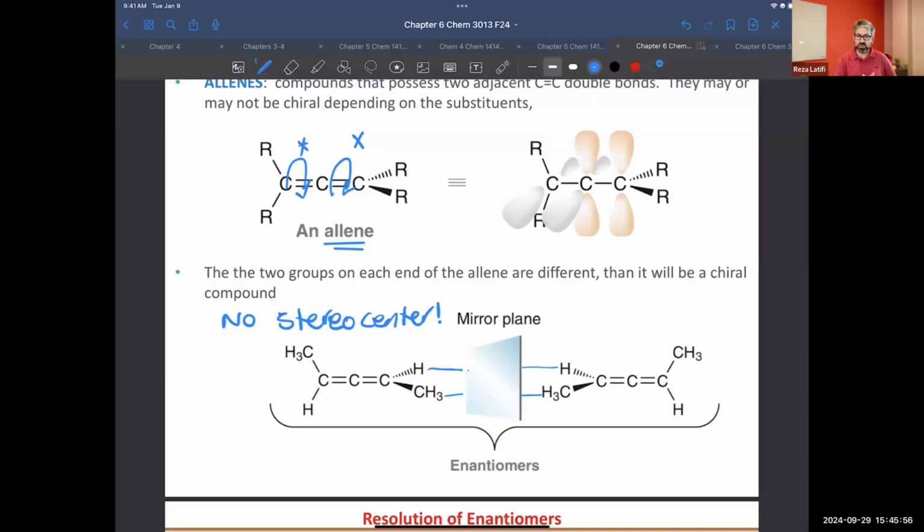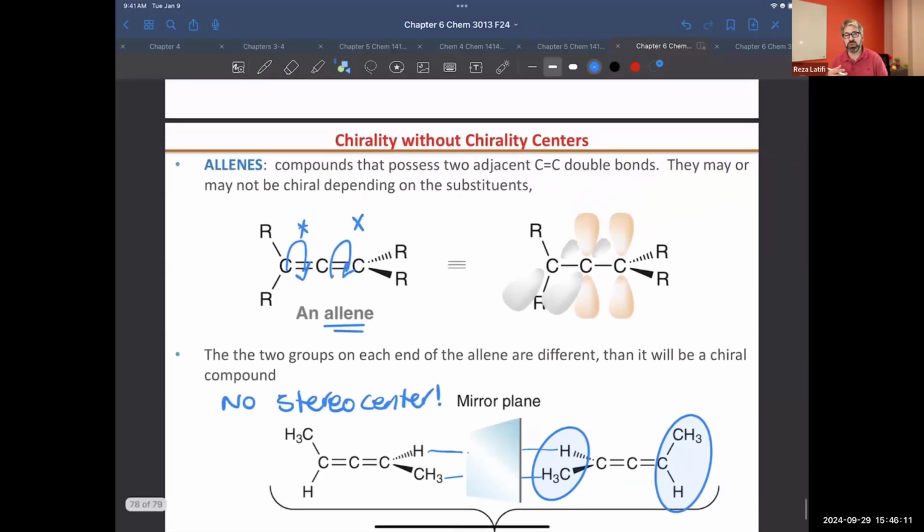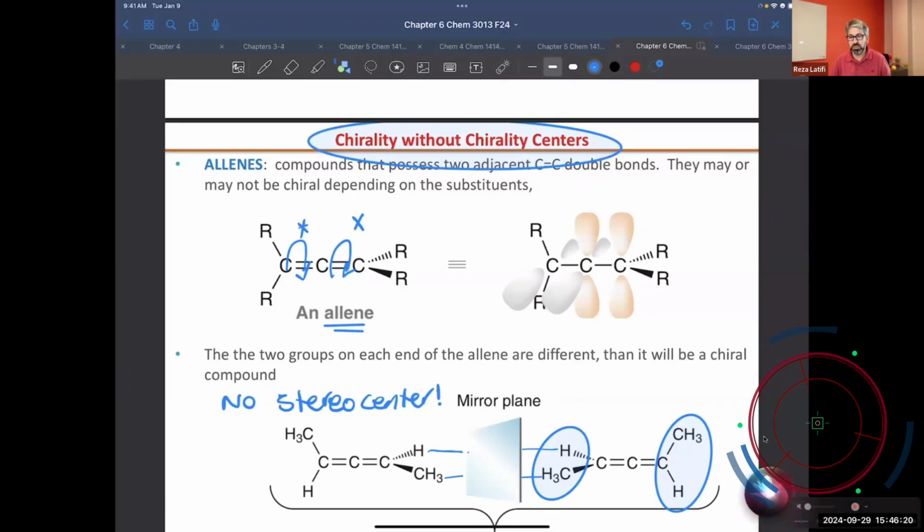Even without a stereocenter, the molecule will still be chiral. Why chiral? Because I can see different substituents on each carbon. So these two molecules don't have stereocenters, but we still have chirality because the system got locked in a specific position.